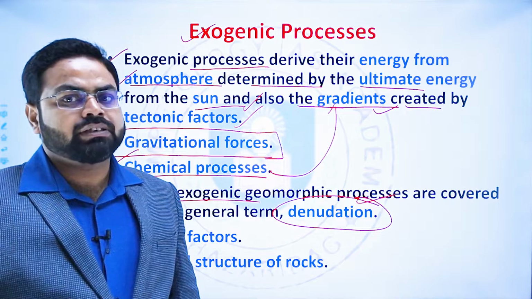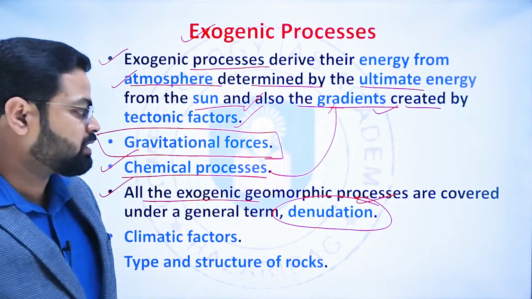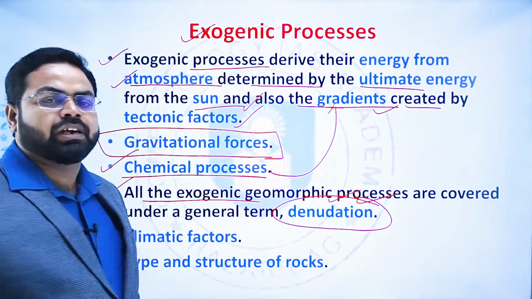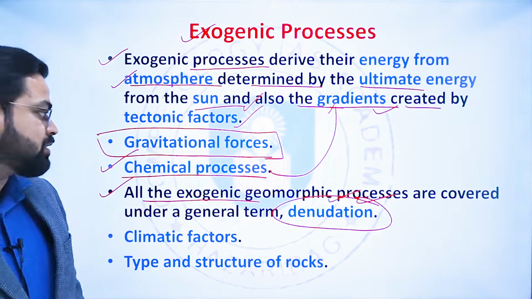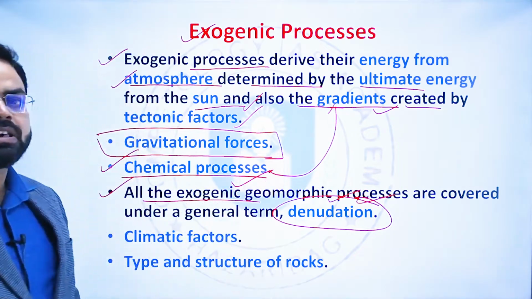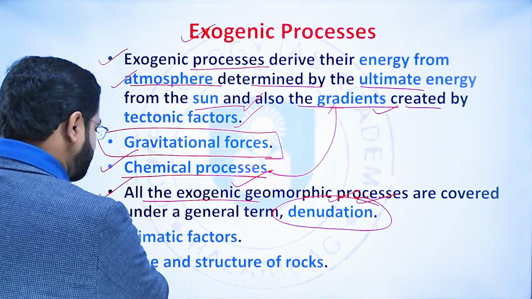And because of this, there will be different geomorphic processes occurring on the surface of the earth, which are causing the degradation and denudation, and that is why the exogenic geomorphic processes are covered under the general term, that is denudation.